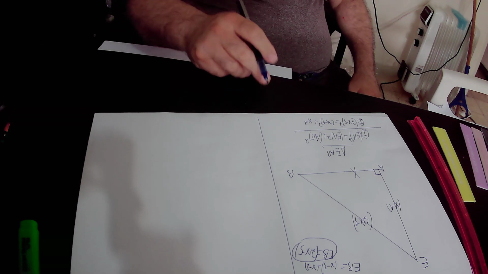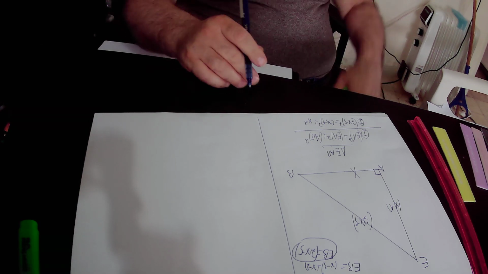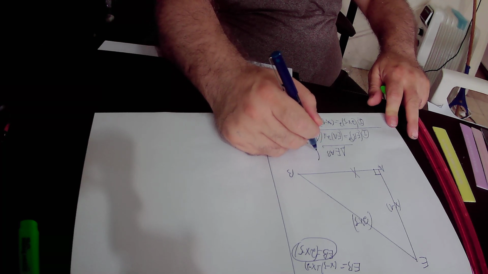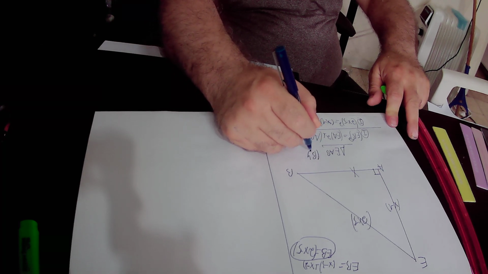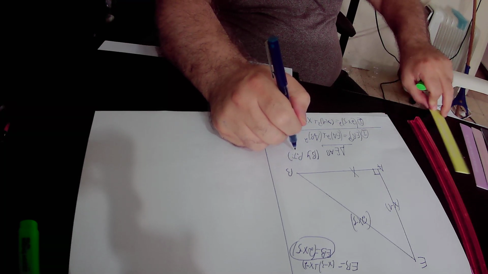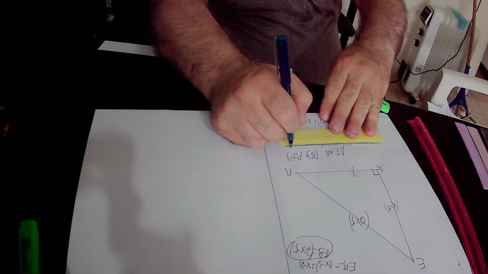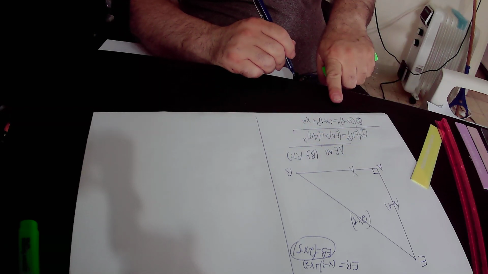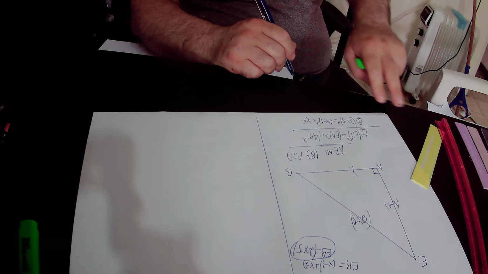In conclusion, according to the Pythagoras theorem, so I will add here PT. PT is the abbreviation for Pythagoras theorem. So actually, according to equation number 1, 2x minus 5 square equals x minus 1 square plus x square.